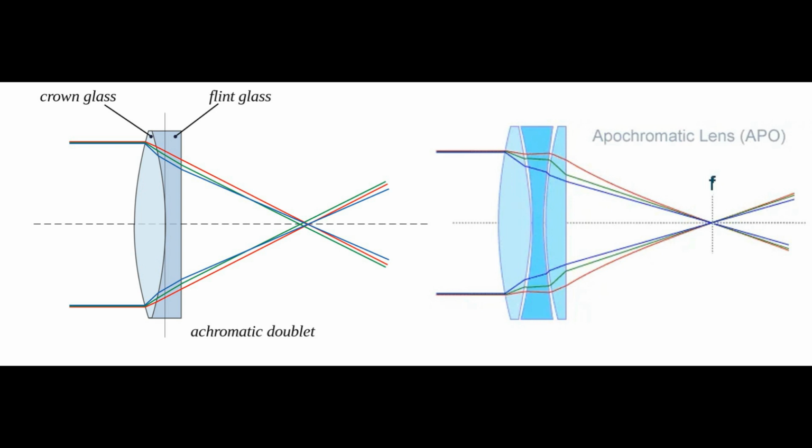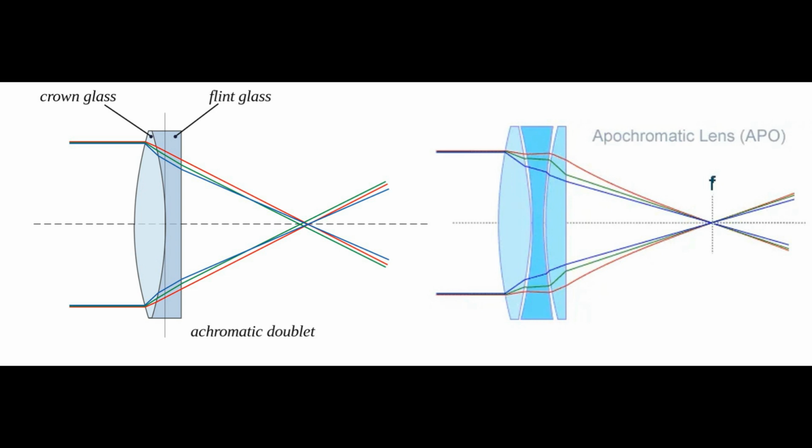By combining together 2 or more elements with differing directions and differing refractive indices, it is possible to focus light waves with differing energies at more or less the same point.